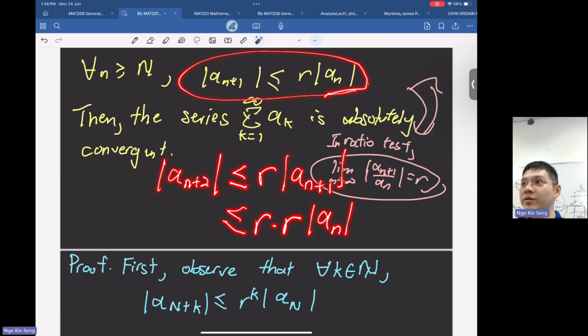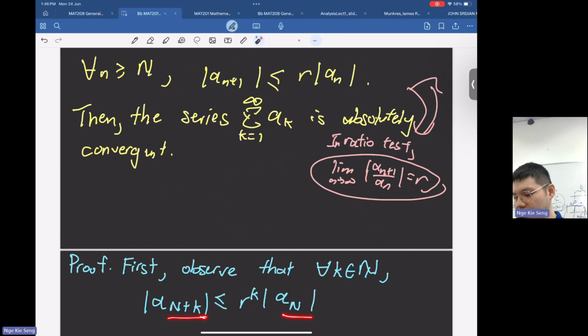So you can keep continuing. How many steps you go backward will reflect in the power of r. So we retreat k times, and it pops up a factor of r to the power k. Can you follow?